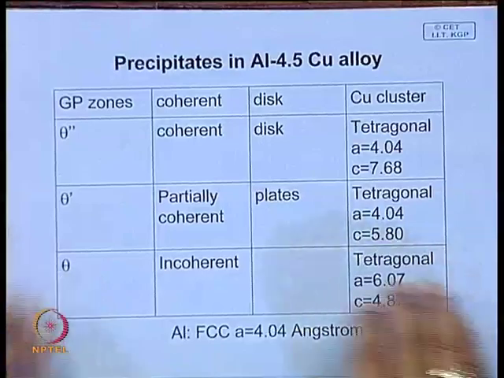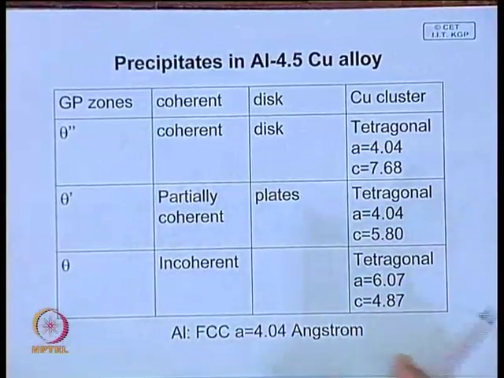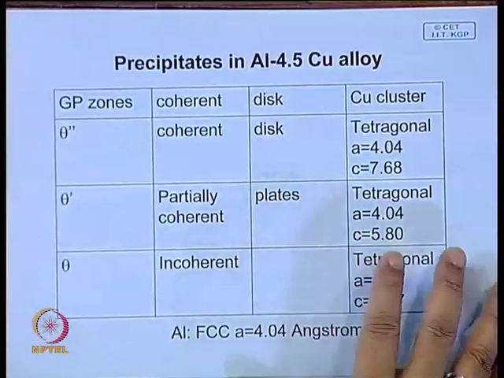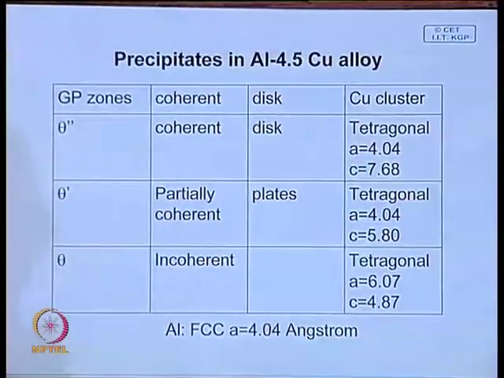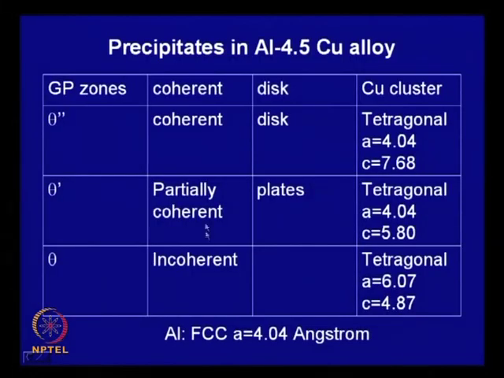Now, if you look at this table, which gives the lattice parameter of the different phases we talked about, and maybe you can look at the computer, it will be clear which are listed. GP zones: the type of precipitate is coherent and its shape is that of a disc, and it is just a copper cluster.